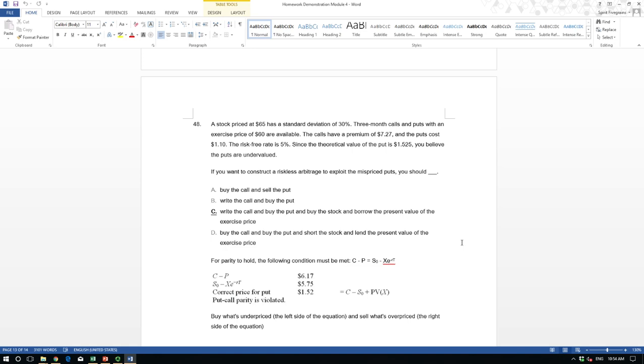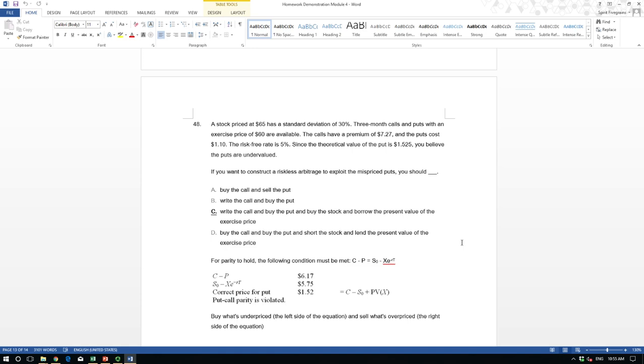And you believe that puts are undervalued, because in the market it is $1.10, but based on put-call parity it should equal $1.525. So in this case, put-call parity is violated. It asks you to explore the way to capture that risk-free profit.